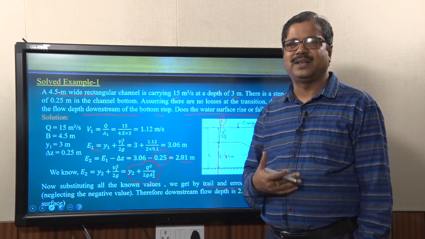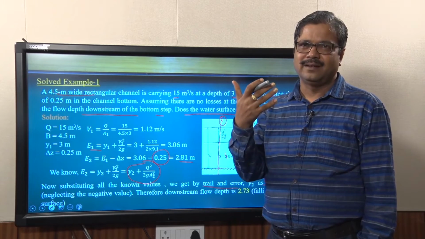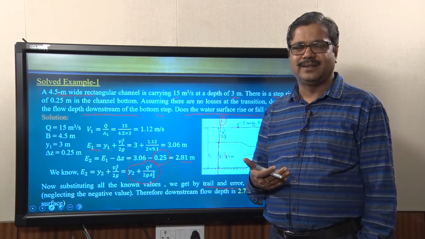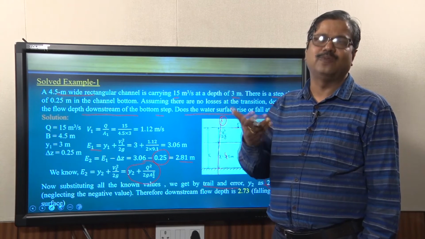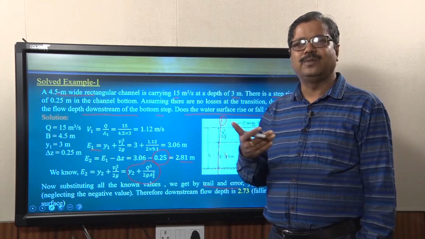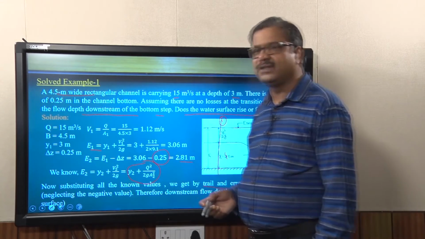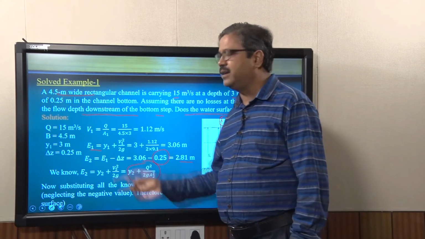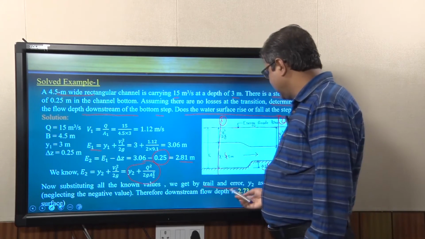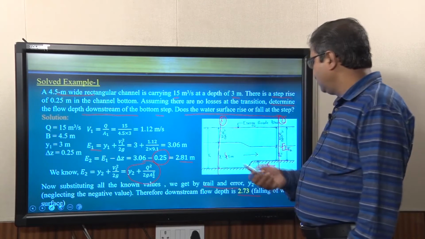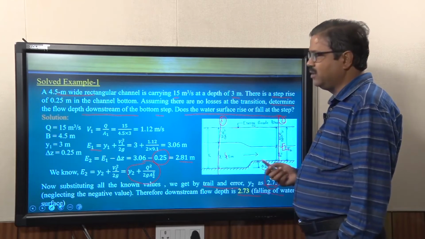In the explanation of specific energy we discussed that we should find out whether the flow is subcritical or supercritical. If the flow is supercritical, the water level will rise. In the case of subcritical flow, there will be a decrease. In this case, you can compute the upstream flow Froude number and find out that the flow is subcritical. So, the water level will fall.